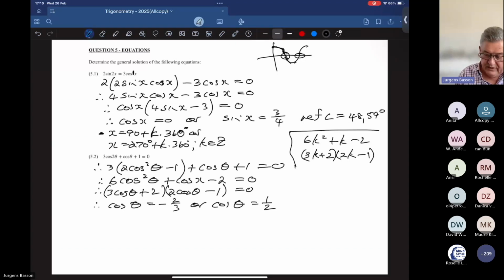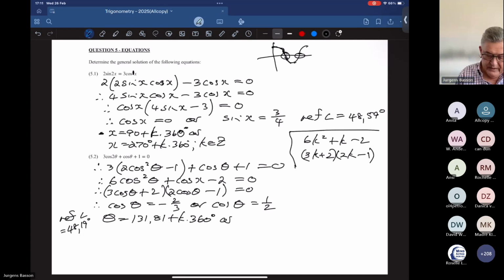First, this reference angle here, I think is the one I wrote earlier, the 48,19. Cos is negative. Cos is positive in the first and second. So cos is negative in 2 and 3. So I would say theta is equal to 180 minus the reference angle, which will give you 131,81 plus k times 360.